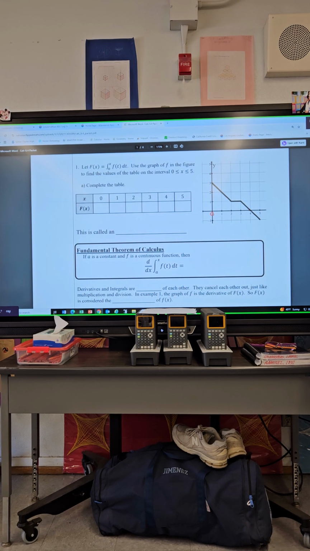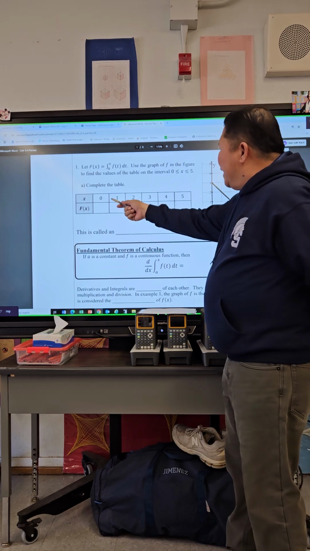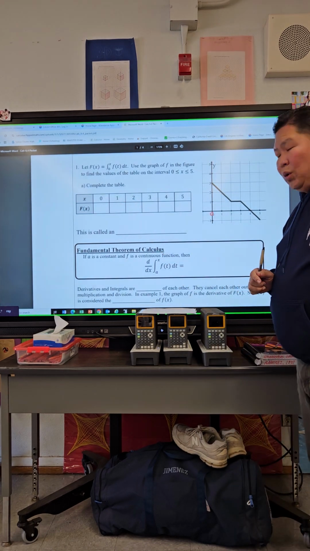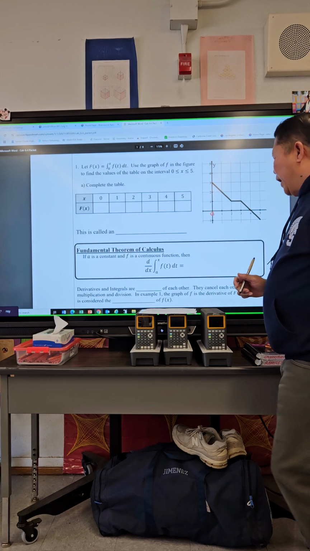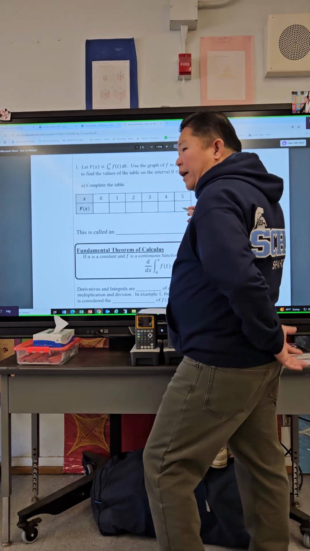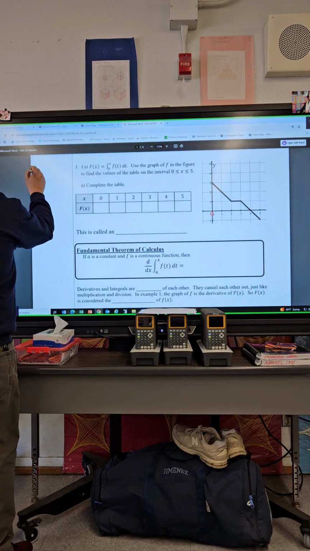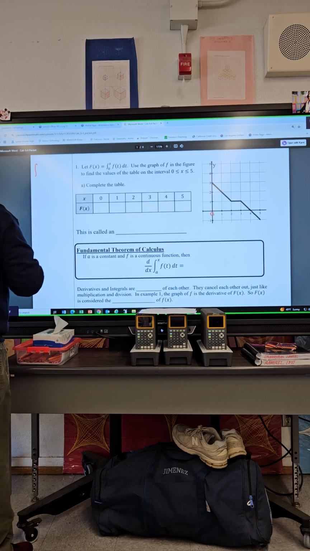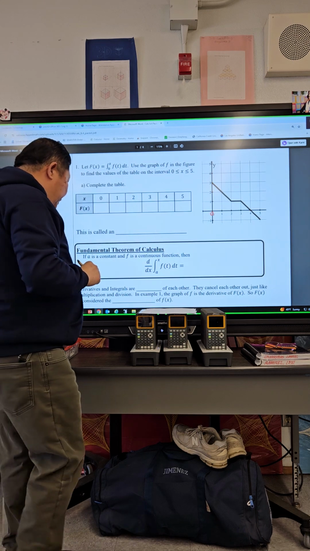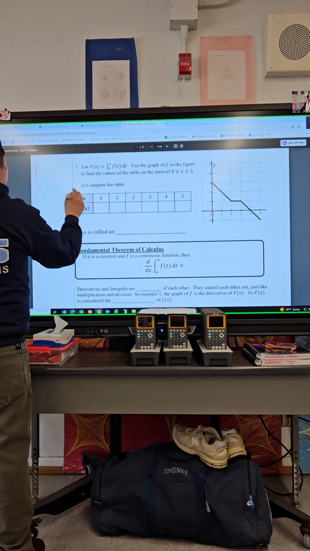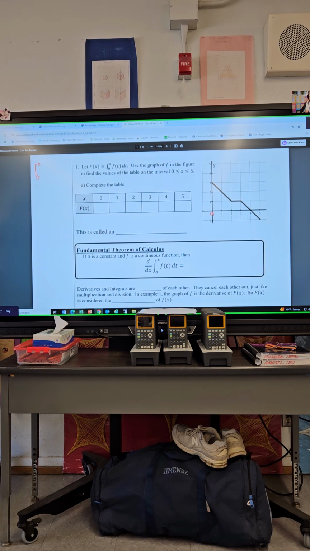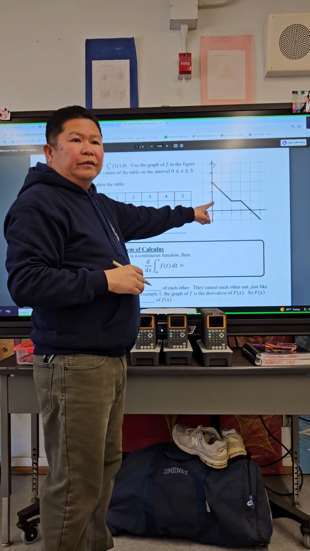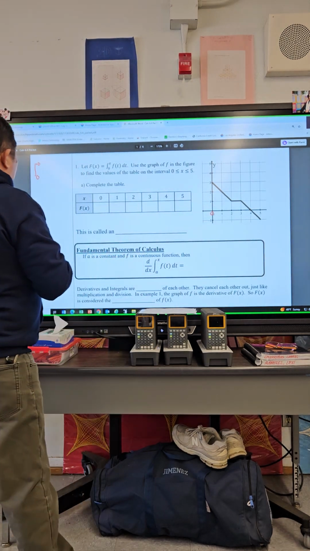Now look at this. It says F of 0. F of 0, from there, we're going to have the integral from 0 to 0. Do you get me? Because the starting lower limit is 0.